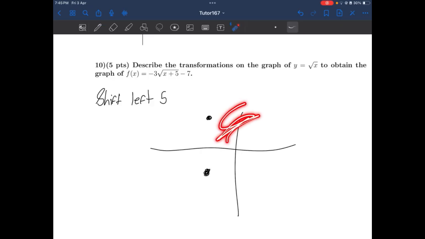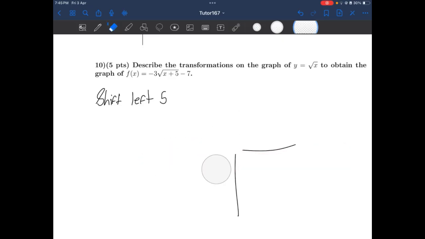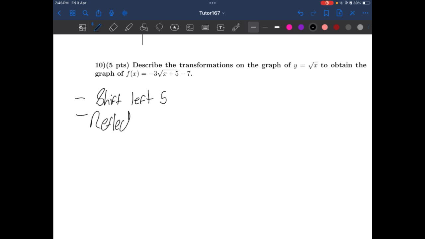Because remember, our y value is positive up here and negative down here. So if you multiply a positive y by a negative number, it will go down here. So you're reflecting across the x-axis. And remember, this is the x-axis. So next thing that's happening is you're reflecting across the x-axis.